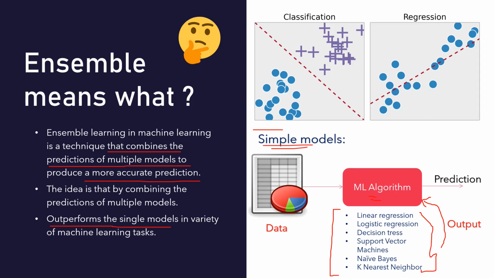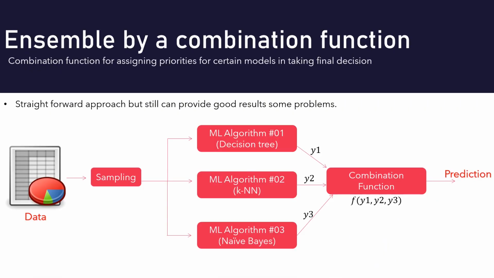Next we will look at what is meant by ensembling by the combination function. Ensembling can be done in many ways. As I said previously, there are stacking, bagging, and boosting.